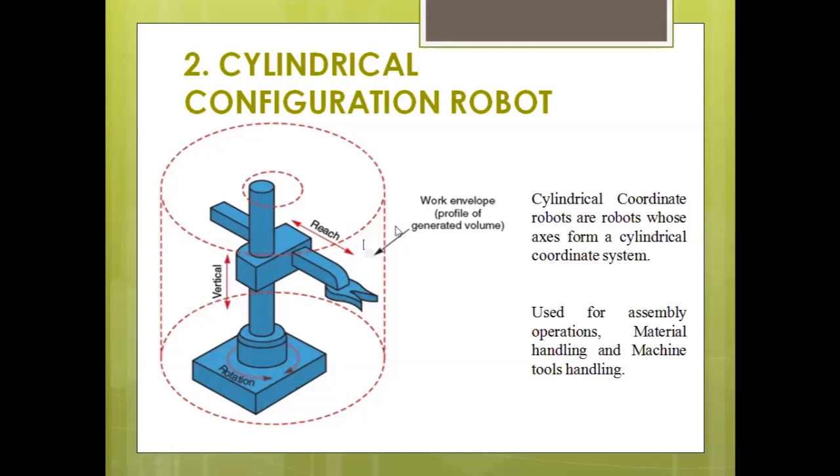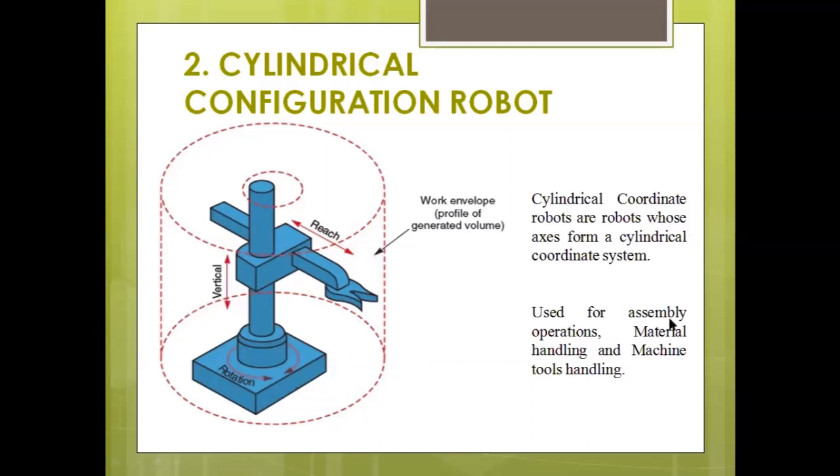By this, we are generating a cylindrical work envelopment. Cylindrical coordinate robots are the industrial robots whose axes form a cylindrical coordinate system, that is, cylindrical work envelopment.